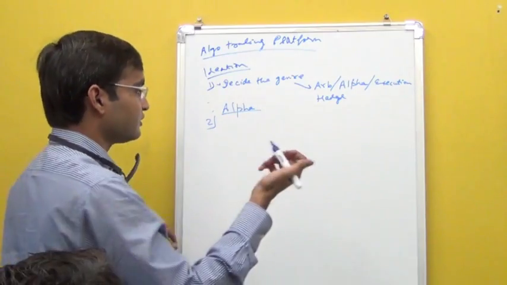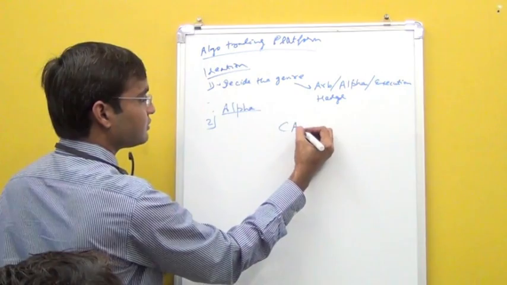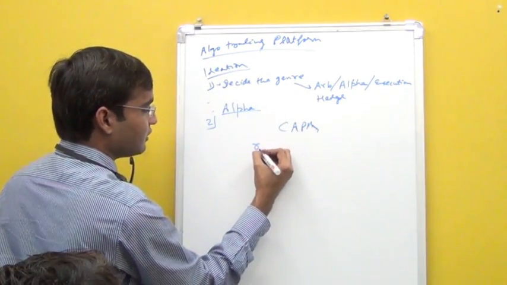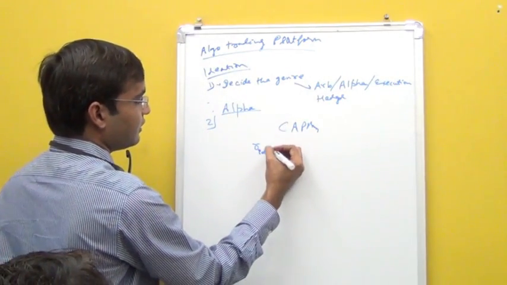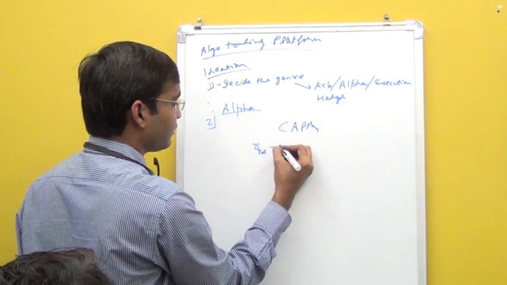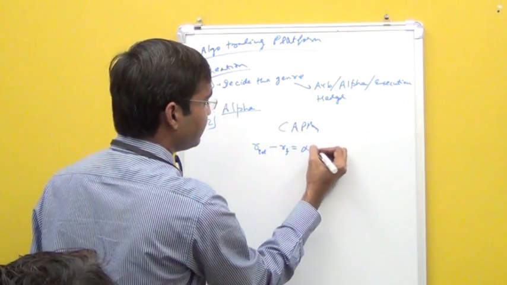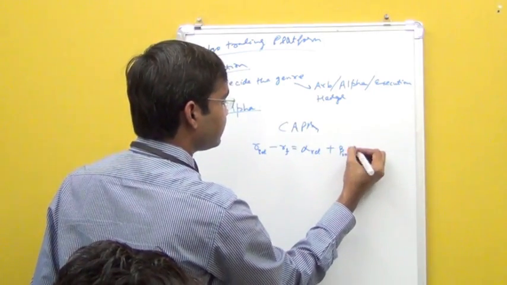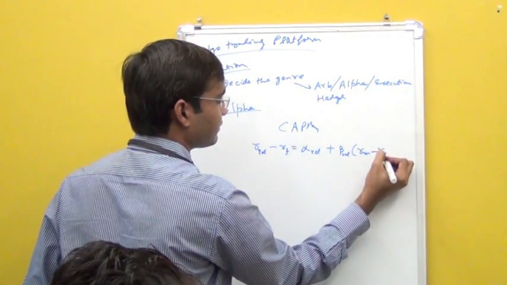Right? Okay. So typically what happens in a normal CAPM model, we have returns of a particular security, say returns for Reliance. As per the CAPM model, the return of Reliance minus the risk-free rate of return should be equal to alpha of Reliance plus beta of Reliance multiplied by return in the market minus Rf.